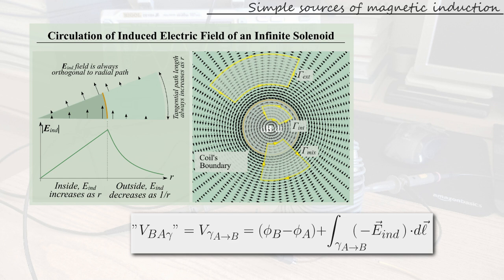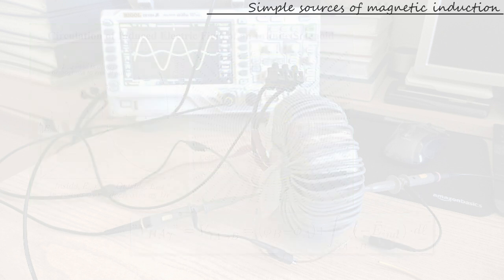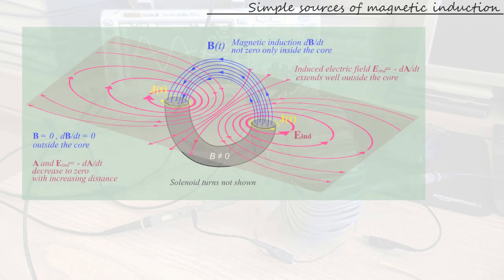As we know from the general formula for voltage, this field is responsible for the discrepancy between the values of voltage and scalar potential difference. Make sure you understand the difference between magnetic induction, the dB/dt, and induced electric field, minus the dA/dt.